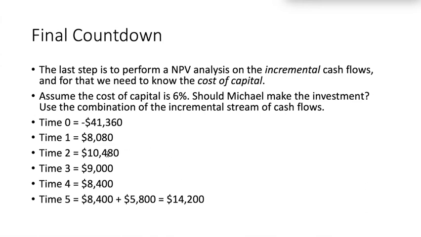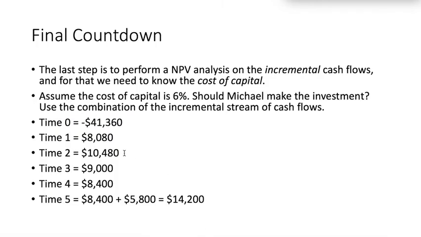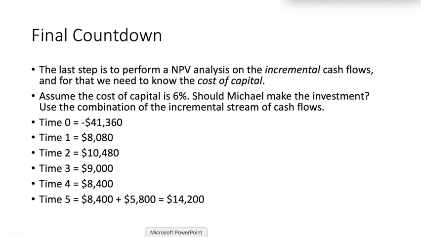Second cash flow is $10,480. Enter. That occurs once. $9,000. Enter. Occurs once. 8,400.